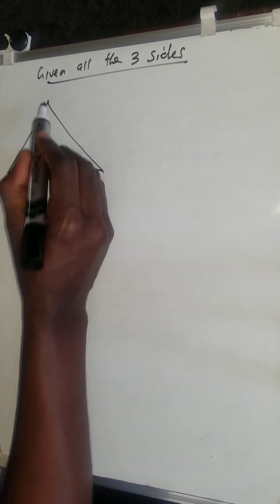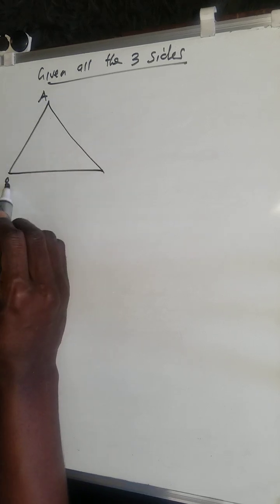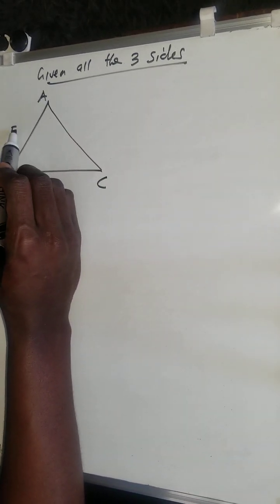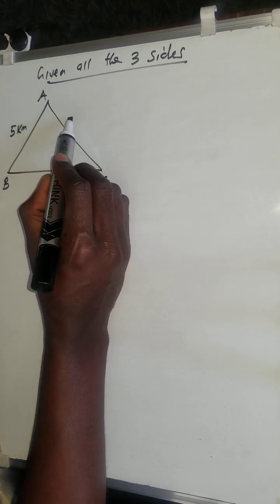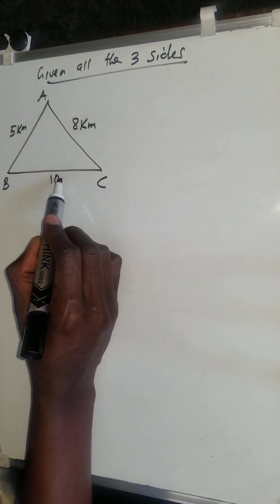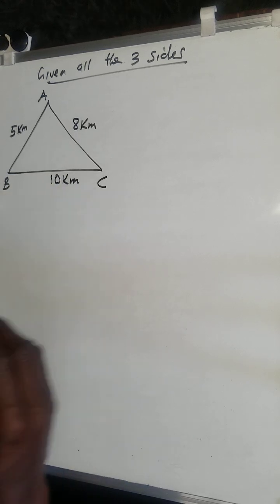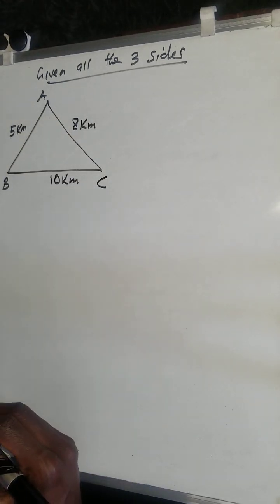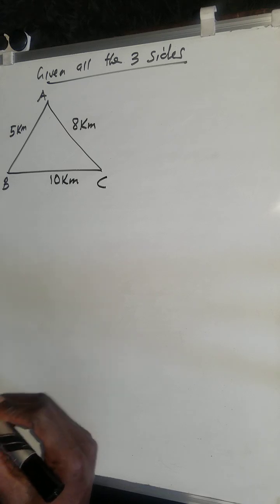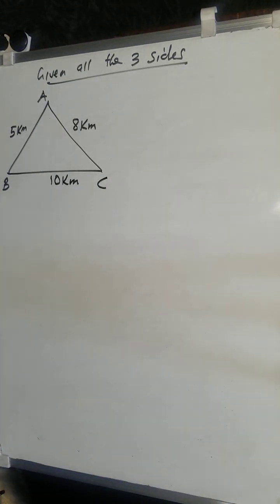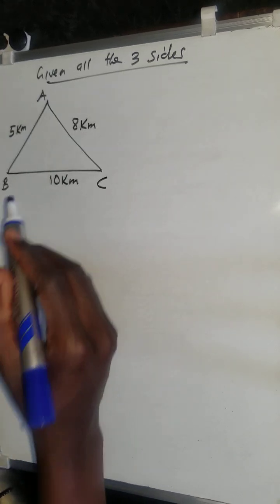Let me call A, B, and C there. And I say this is maybe 5 kilometers. Let me say that is 8 kilometers. And let me say that is 10 kilometers. When they give you all the three sides, you can also use the cosine rule. But in this case, we just need to make cos the subject of the formula.